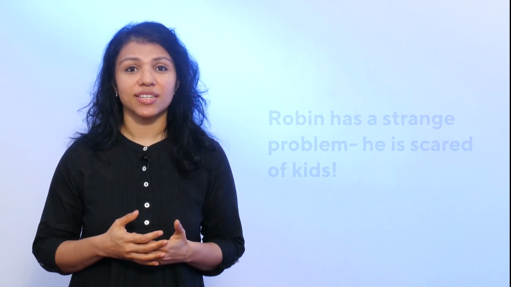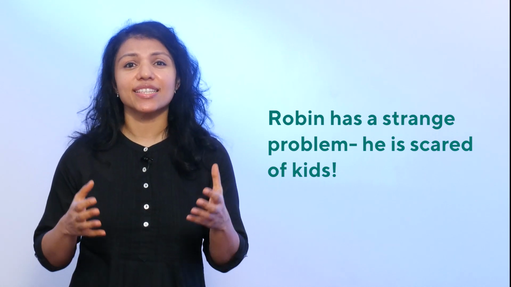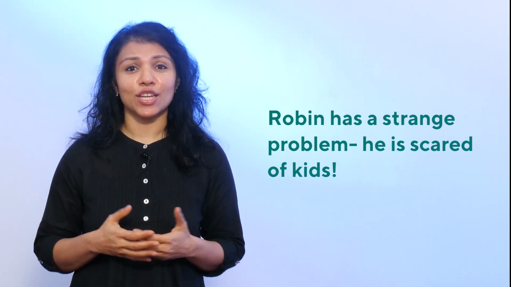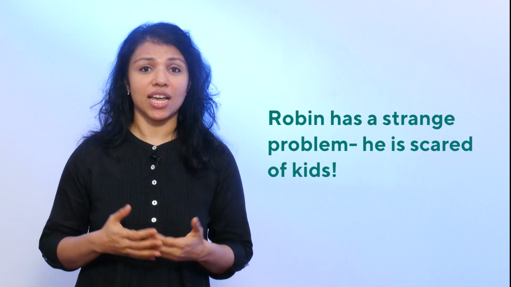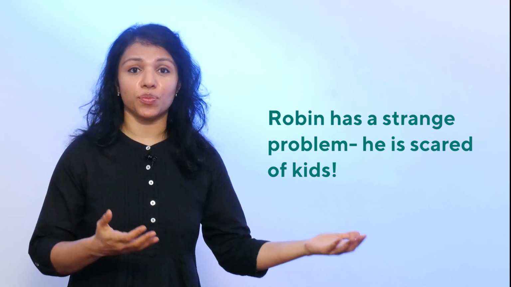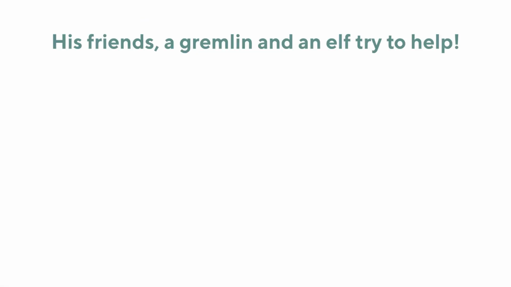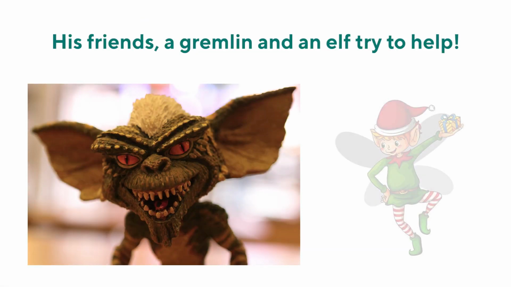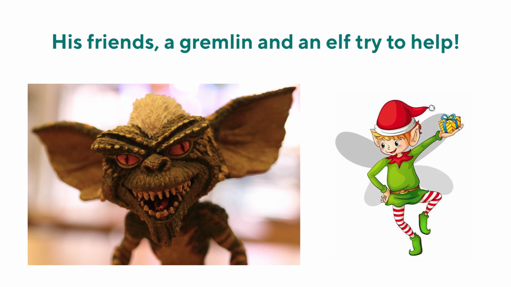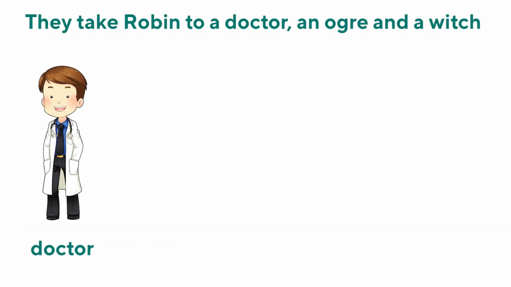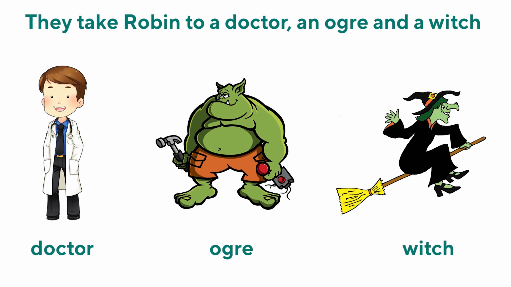Robin is now the new Santa and he has a problem. You know what it is? It is a strange problem. He is scared of kids. Now if Santa Claus is scared of kids, how is he going to distribute all the nice gifts on Christmas Eve? So his good friends, a gremlin and an elf, take him to a doctor, an ogre and a witch so that they could try and help him.